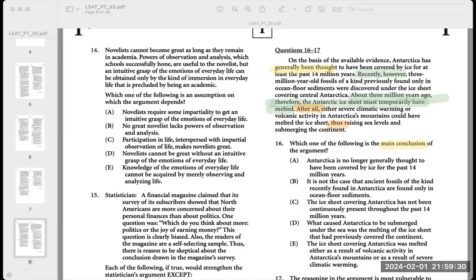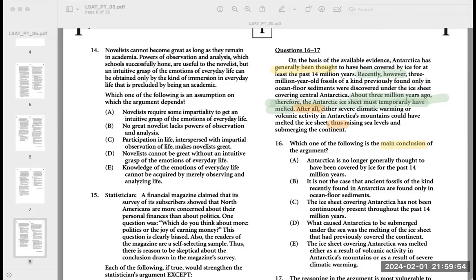So the Antarctica must have been submerged. Yeah. So that means that there must have been melting. Yeah, so this one I'm going really based off of structure and pattern, to feel really confident that that's the conclusion.